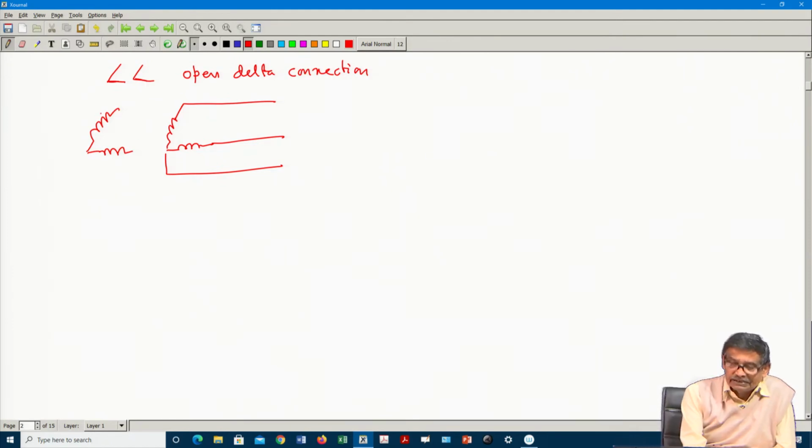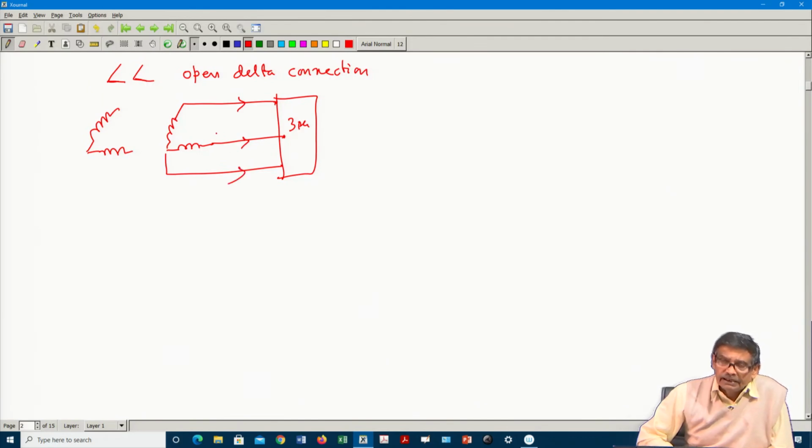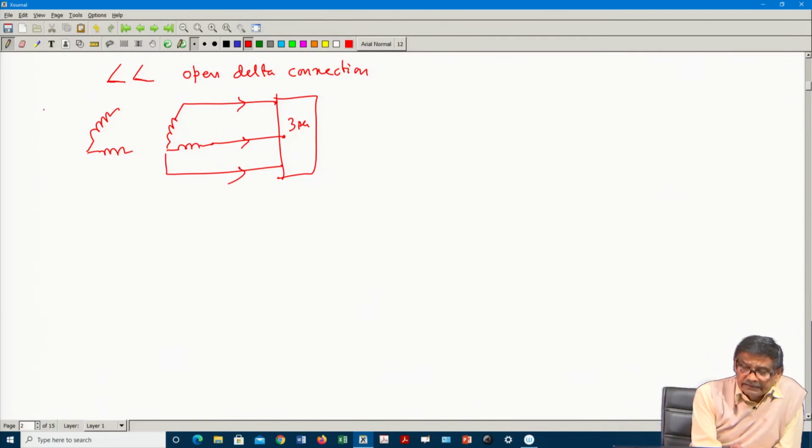Line to line voltage gets fixed by these two voltages only, and that will be 120° apart. So, if you connect a balanced 3 phase load here, the currents will be balanced, because line to line voltage is balanced, and here is the supply side.